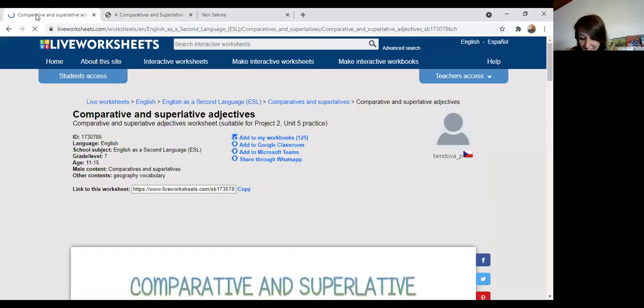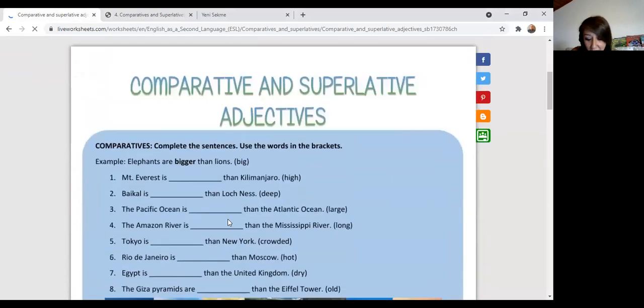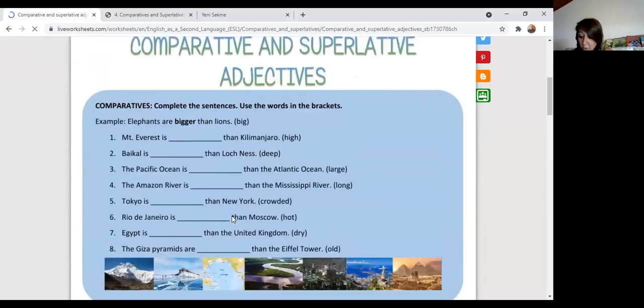Yes, it's coming. Now this is your homework. It is especially about geographic places, so you need to search for them.